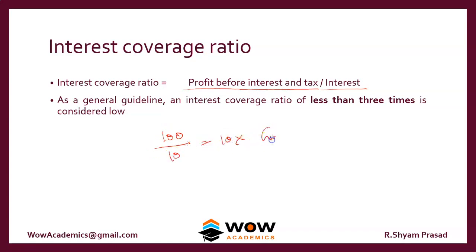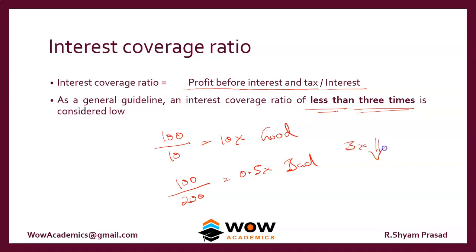It means it's good. If your profit is 100 and your interest is 200, the answer is 0.5x, then it's bad, because the rule is it should not be less than 3 times. That's the rule.